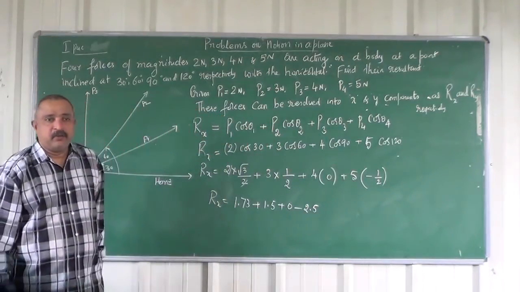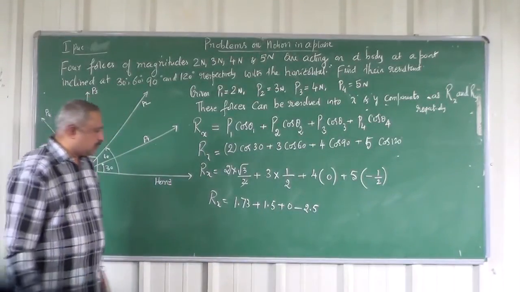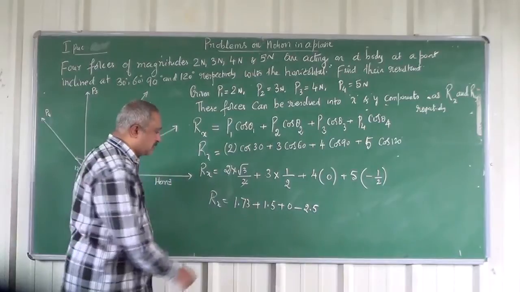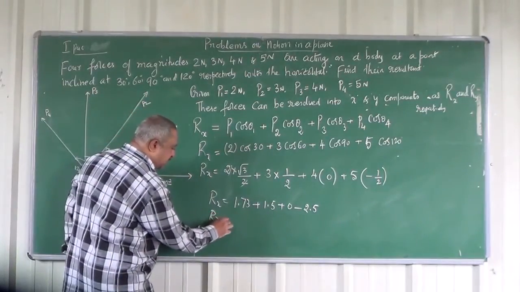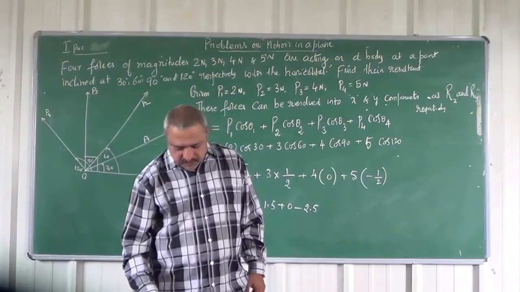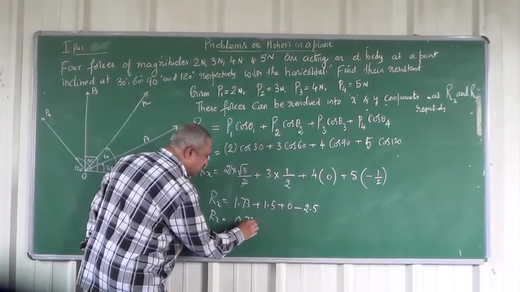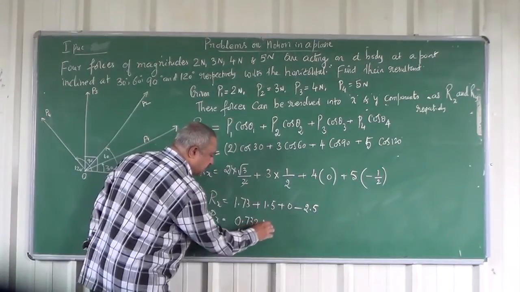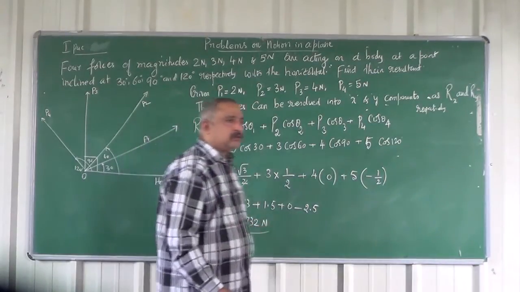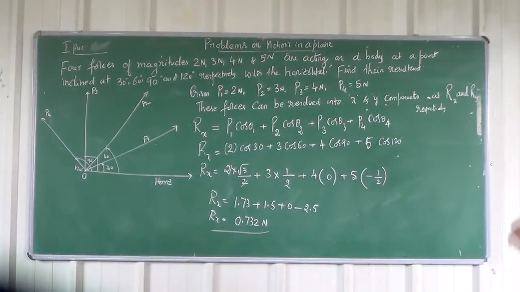How much is 5 by 2? 2.5. Now add this and give me the final answer. 0.73 newtons. 0.732 newtons.